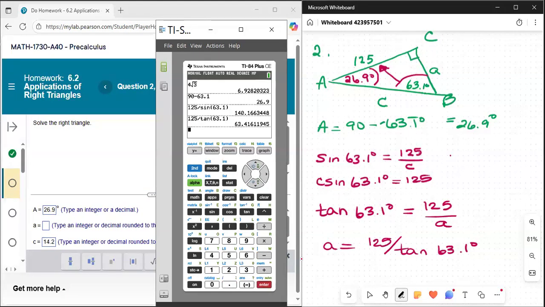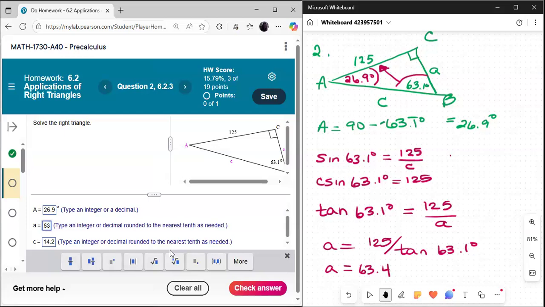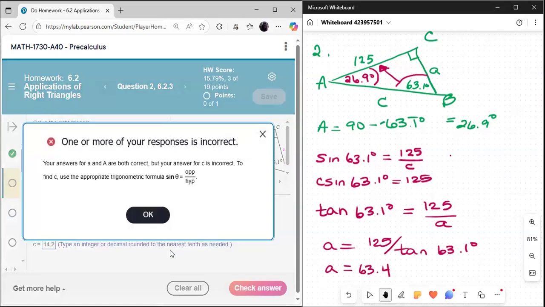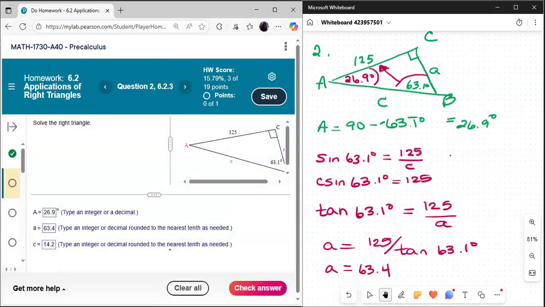And we have A is equal to 63.4, to the nearest tenth.